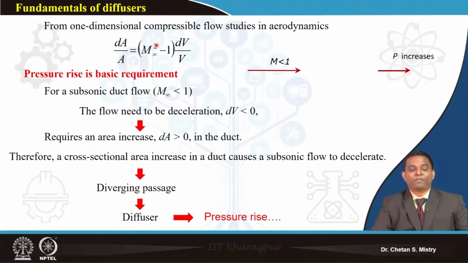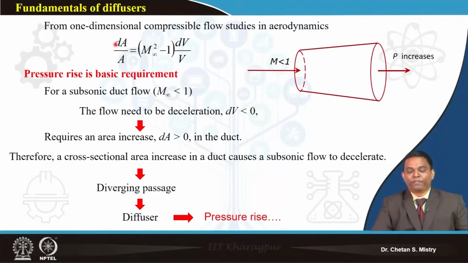Suppose my flow is subsonic, so this term, if you consider, is my positive term. And here if you look at this dV by V, I am looking for an increase of pressure, which means I need to decrease my velocity. So what it says is I am looking for a rise of pressure, and that indicates my dA by A should be increasing.